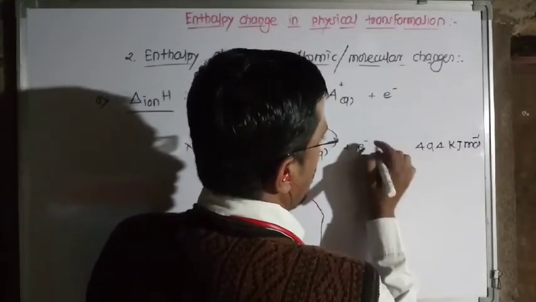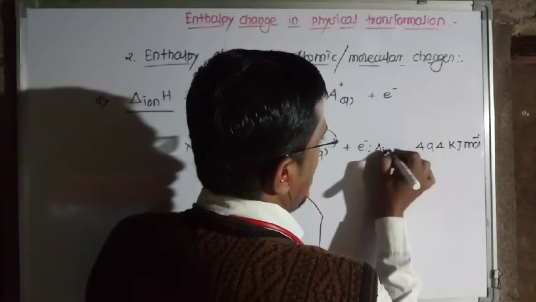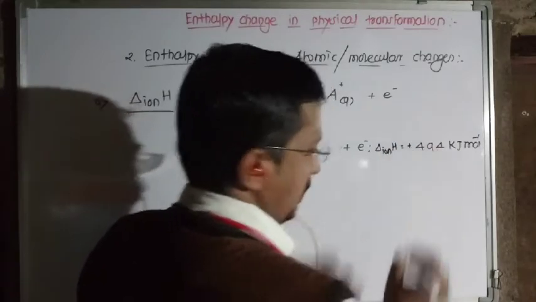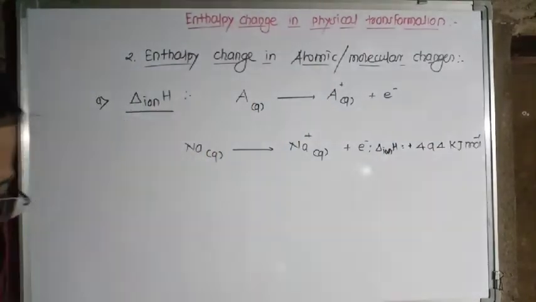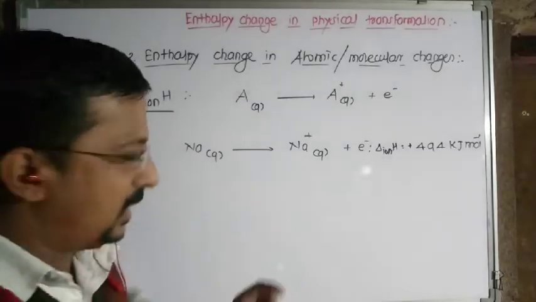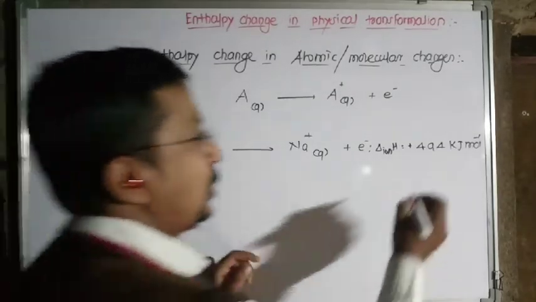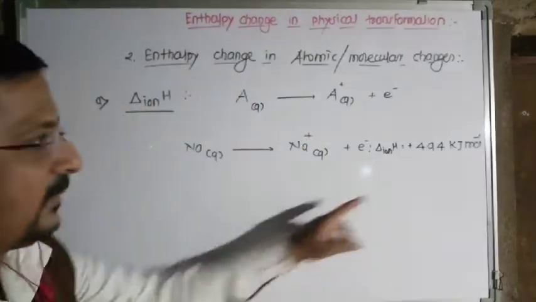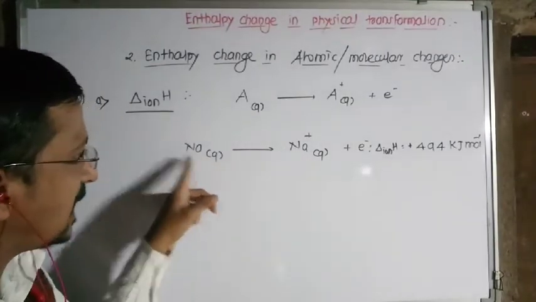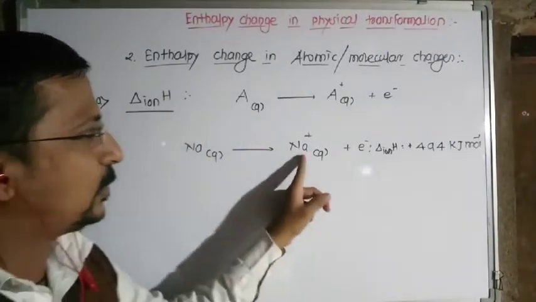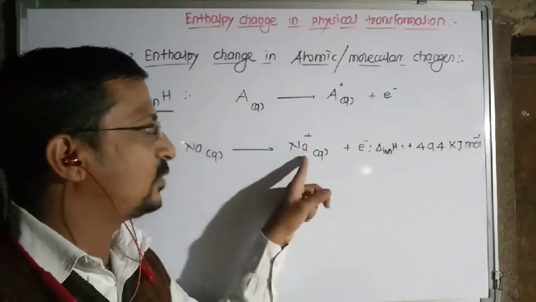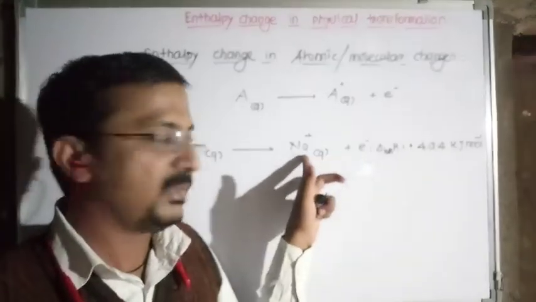It is called delta ion H, and it is a plus value. This much energy is to be supplied to 1 mole of gaseous sodium atoms to convert them into 1 mole of Na plus ions by the loss of electrons.